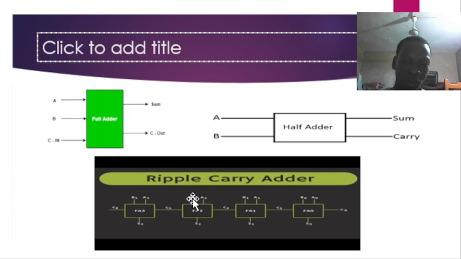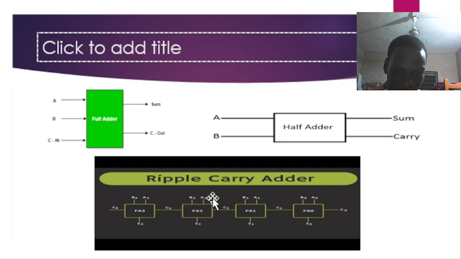Now with the ripple carry adder, we have four full adders over here, one, two, three, and four, labeled FA0, FA1, FA2, and FA3. So the carry output, which is C3 of FA3, becomes an input for FA2 over here.